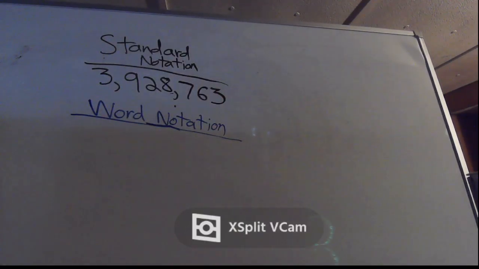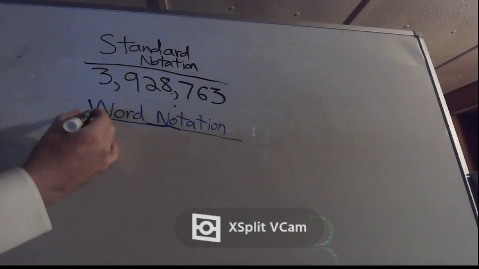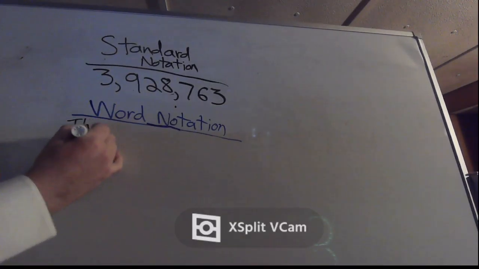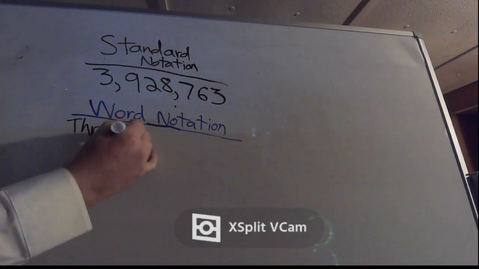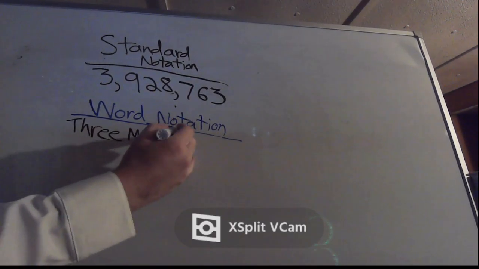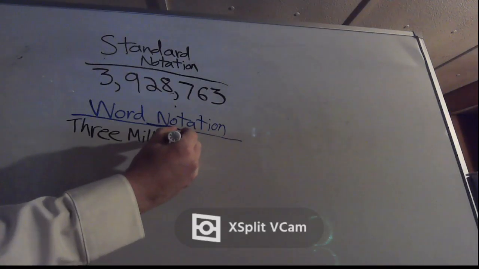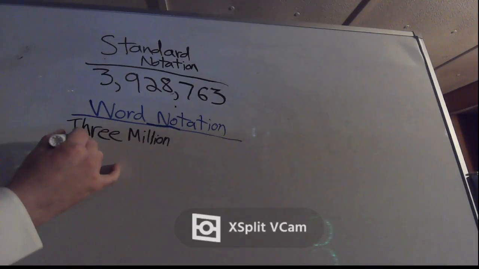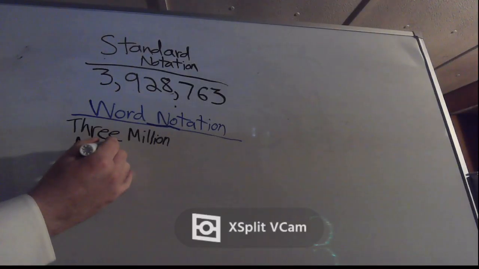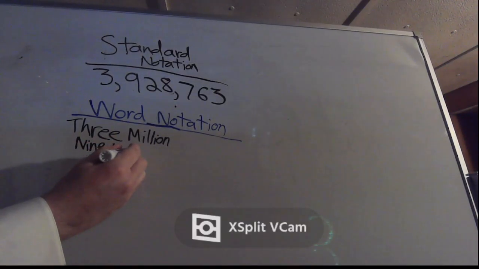That's your standard notation for 3,928,763. What you would have next to write in word notation, it would be this. 3 million. You can write it on one line. It's just I want to be able to show all this on camera without trailing off. That's why I'm writing below it.